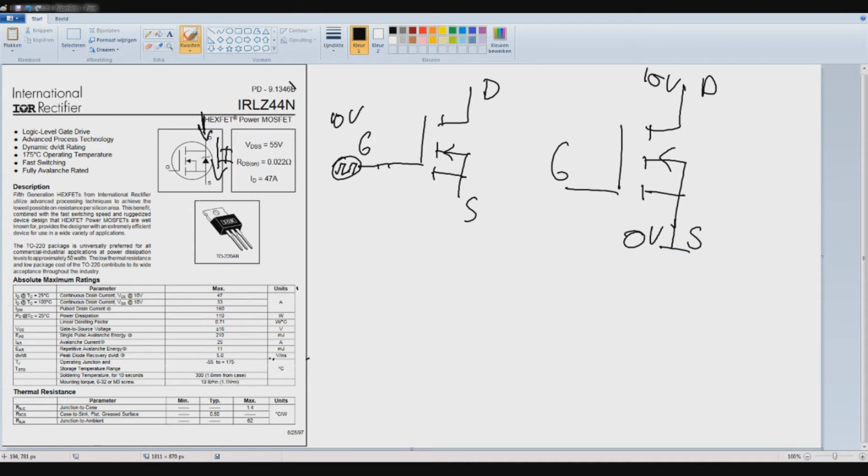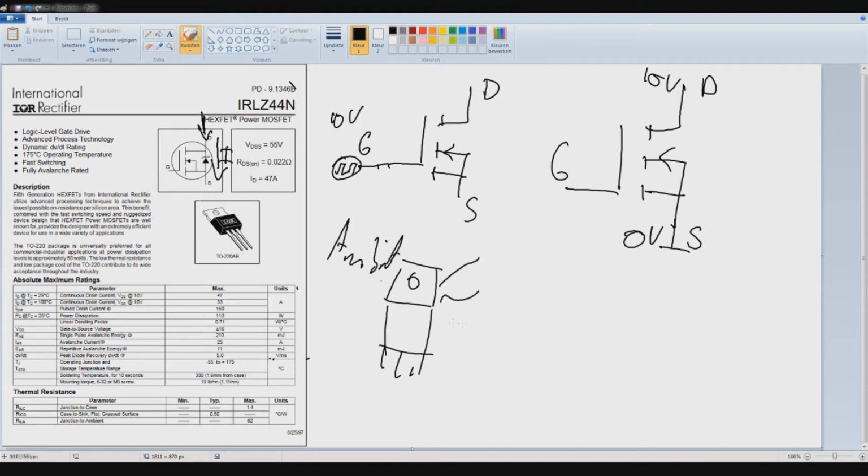And then case to sink, which is heat sink. This is the temperature it gives off to the heat sink, which is typical. It says typical because it all depends on your heat sink as well. So it just says typical, there's no max, there's no min. And junction to ambient, which is, if we have the MOSFET over here, then the ambient temperature is right here.